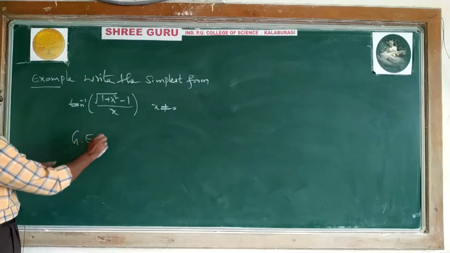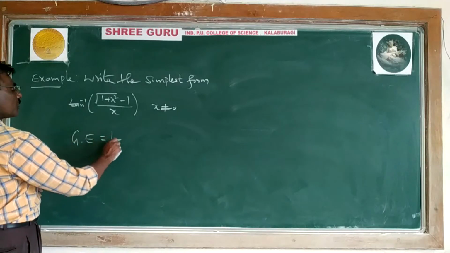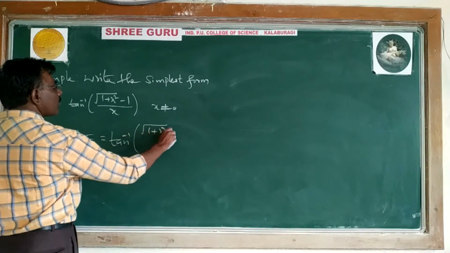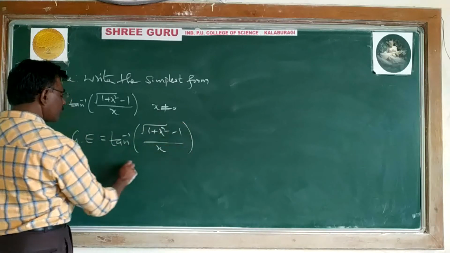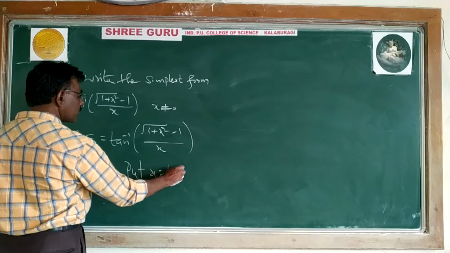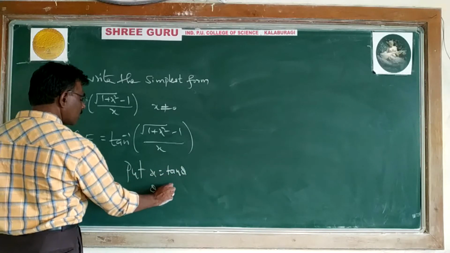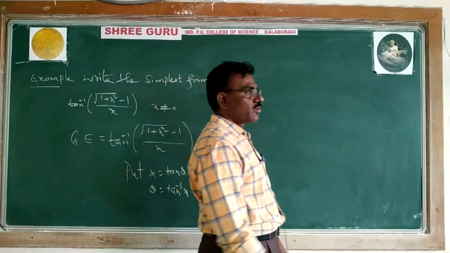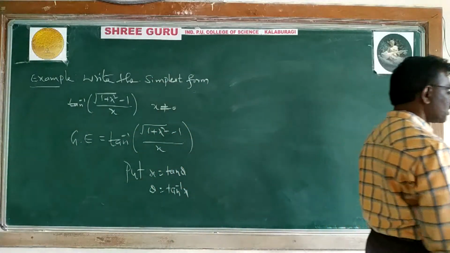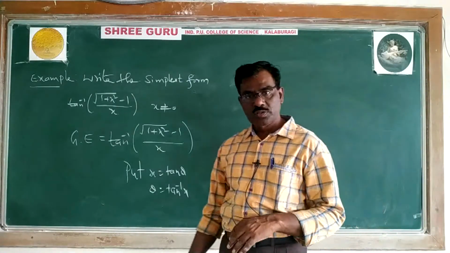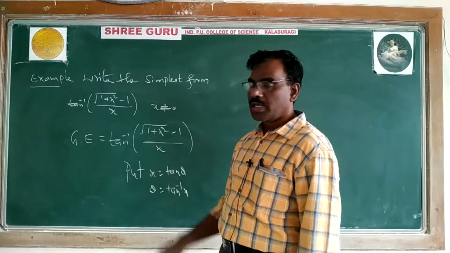Given expression y equals tan inverse of (root 1 plus x square minus 1) by x. Put x equal to tan theta, so theta is tan inverse of x.